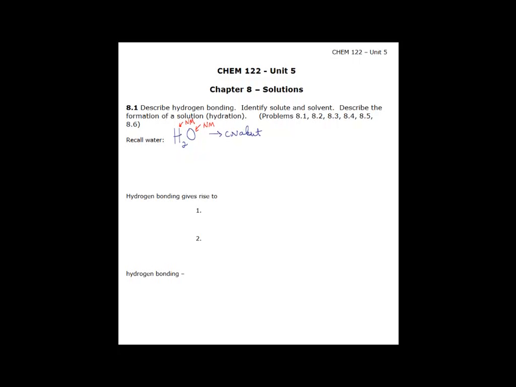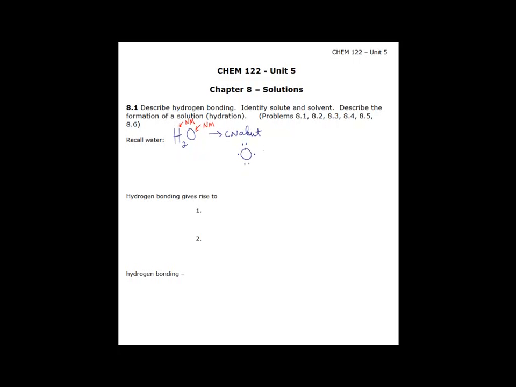Well, before we start talking about the specific types of bonds in water, let's just draw the Lewis dot structure of water. So remember that hydrogen can only have one bond. Let's fill in the valence electrons for oxygen. Oxygen has 6 valence electrons.